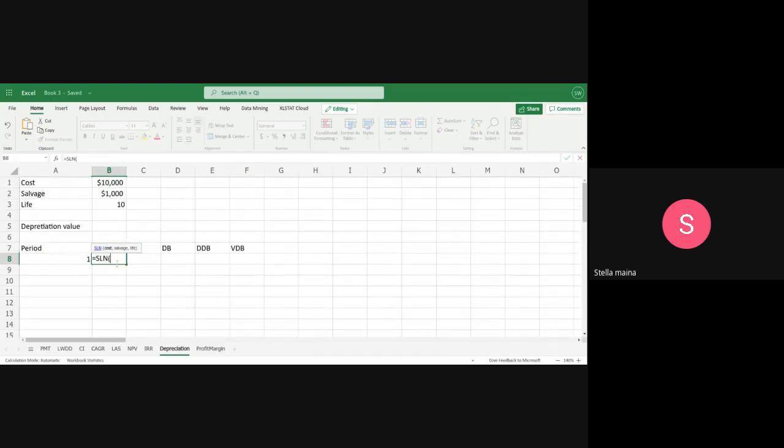You can even see it gives you cost, salvage value, and life. So cost is $100. So that is going to be B1, comma the salvage, which is B2. So this is pretty straightforward. Then the life itself, that is B3.